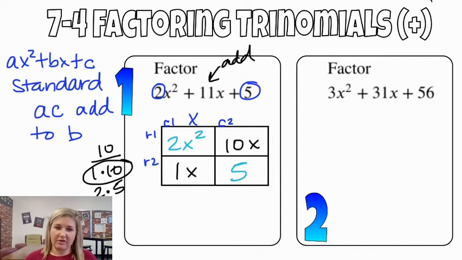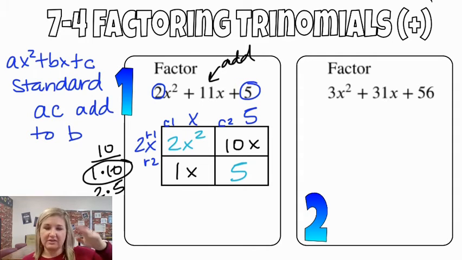Then the greatest common factor of column 2 is going to be 5. Since there's not an x down there with 5, I can't say 5x. Then I'm going to find the greatest common factor of row 1, which is going to be 2x, because 2 can go into both of those, and the smallest power of both of those is going to be x. So that's where x comes from. Then I'm going to move down to the bottom row, which is going to be 1x and 5. That greatest common factor is going to just be 1.